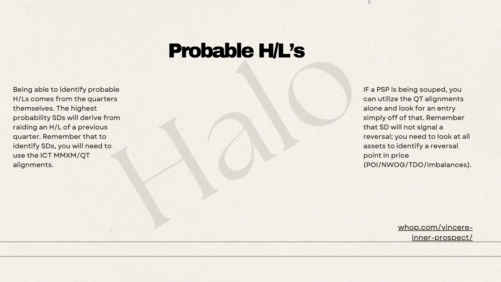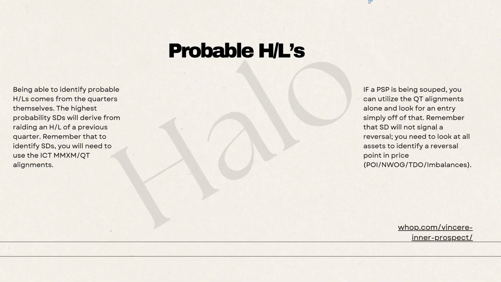Remember that to identify swings, you will need to use the ICT MMXM/QT alignments. The reason why I mentioned the ICT MMXM QT alignments is because, as I mentioned in the previous slide, 4 hour swing, daily cycle sequential SMT. If you look at what the daily cycle sequential SMT correlated time frame is, you will understand what I mean by the MMXM alignments, right?